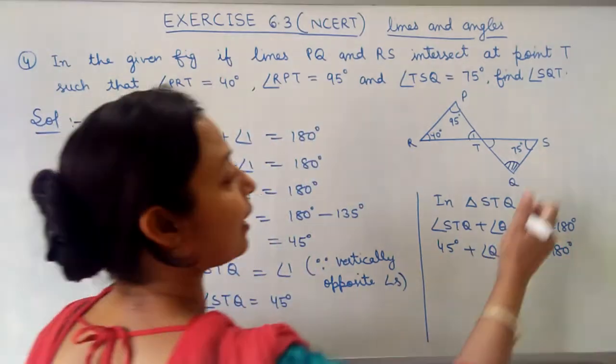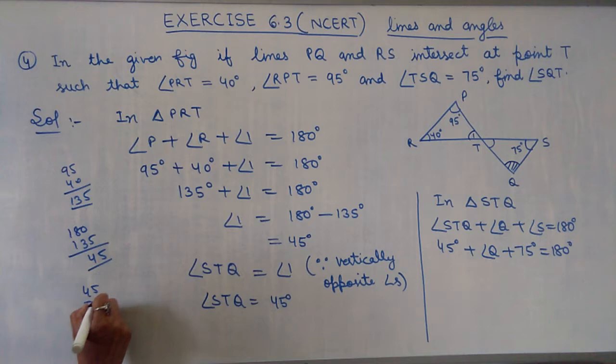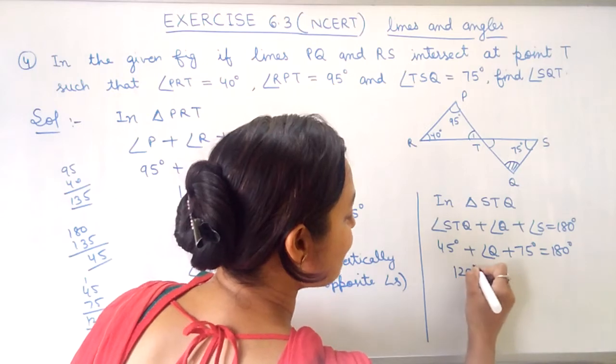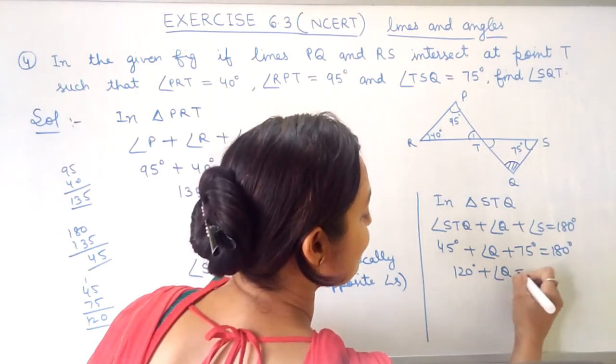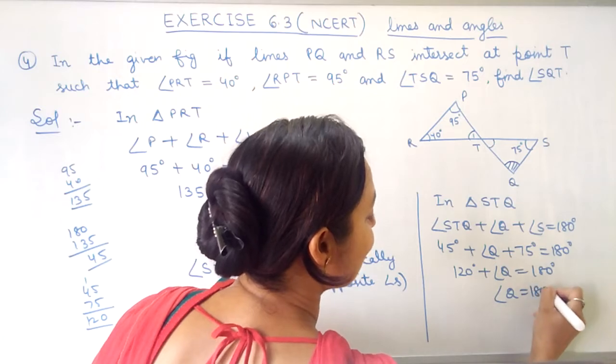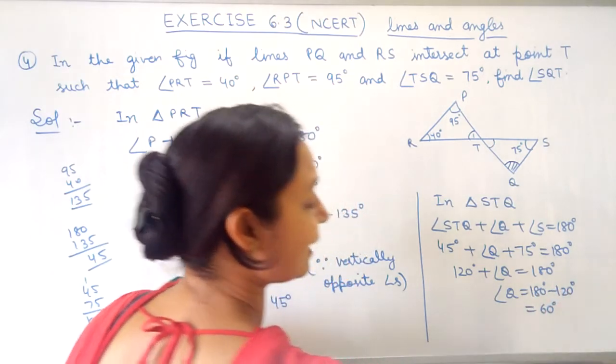Now add these two angles, 45 plus 75, that is 120. So 120 plus angle Q is equal to 180 degrees. Angle Q is equal to 180 minus 120, which equals 60 degrees, right?